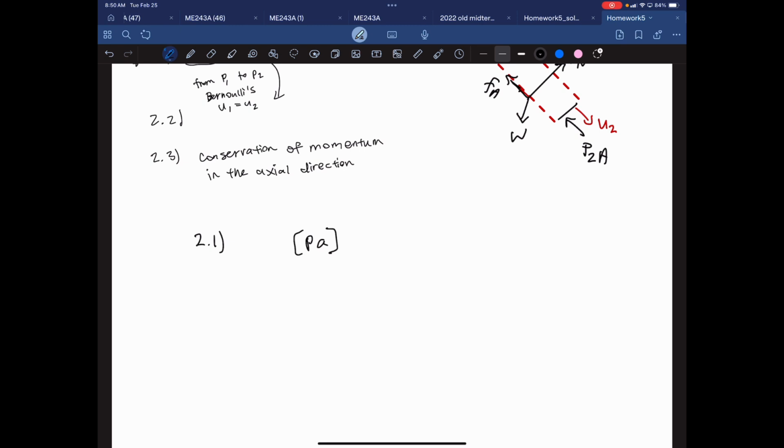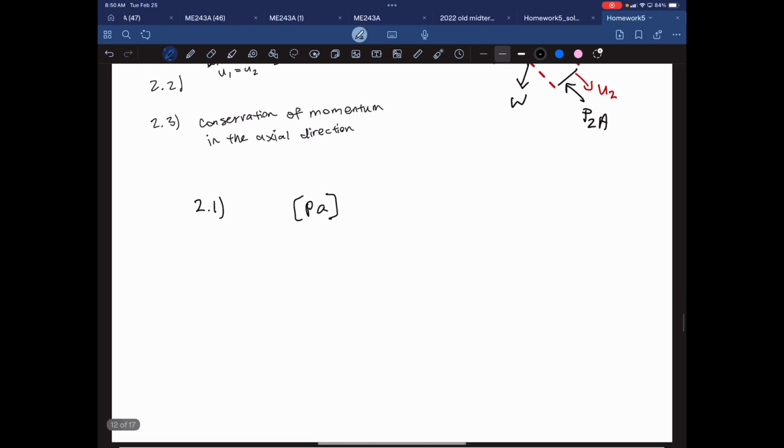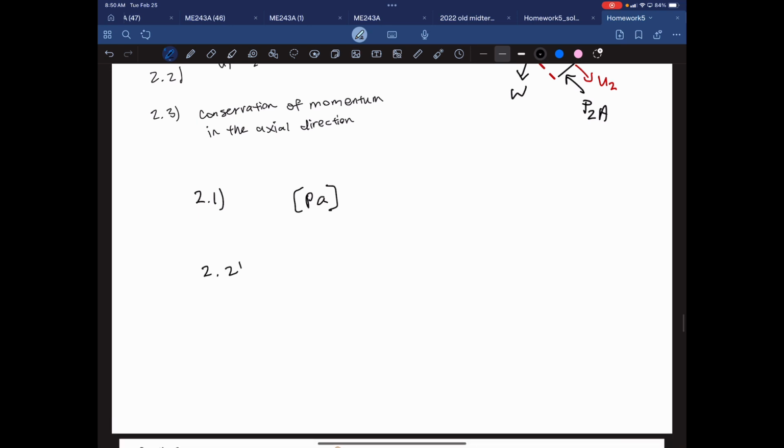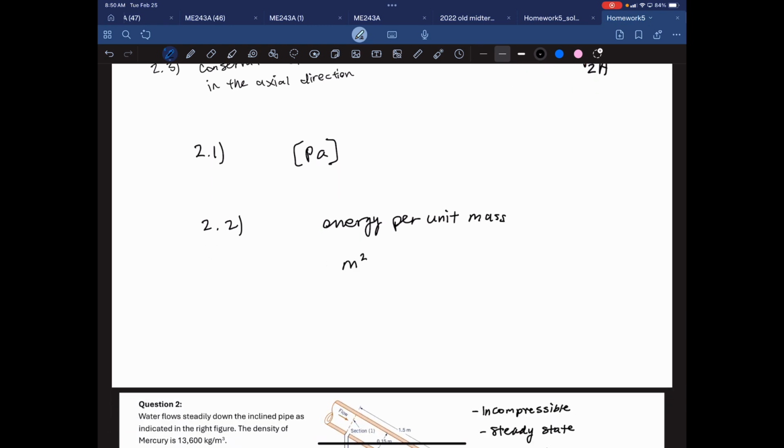But you're not rearranging too much of the units. It just happens to work out like that as you calculate. And then for 2.2, you're finding the energy per unit mass, so your units are going to be meters squared per second squared.